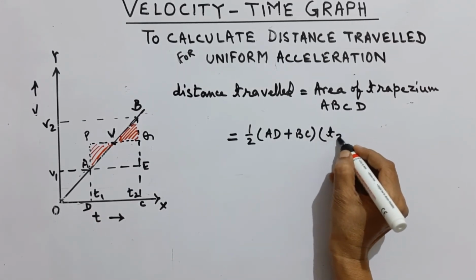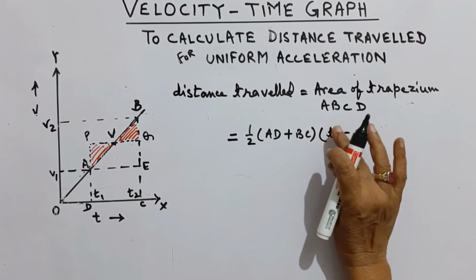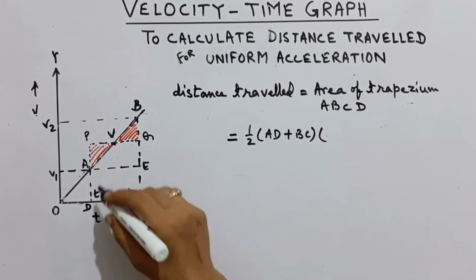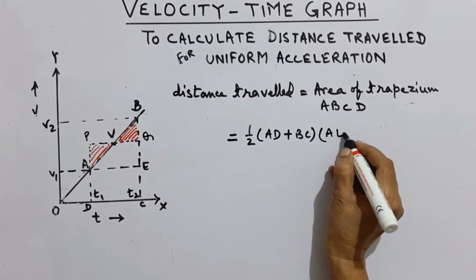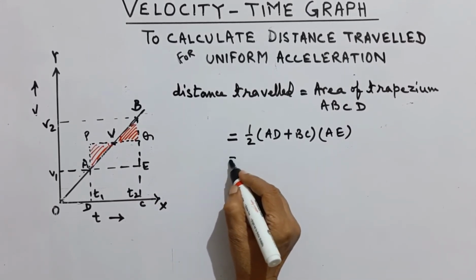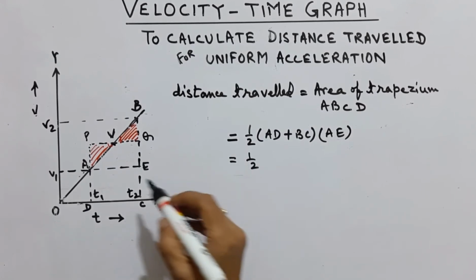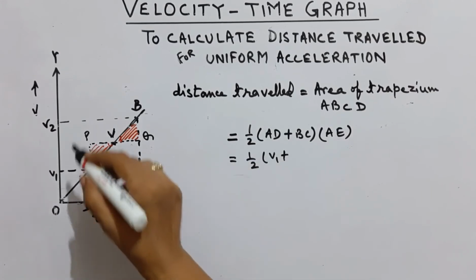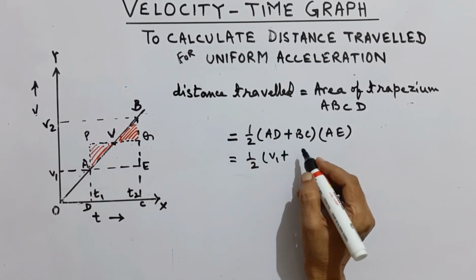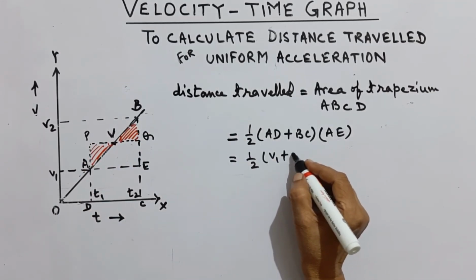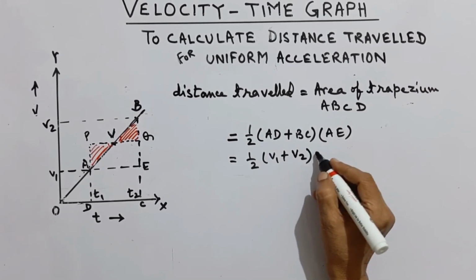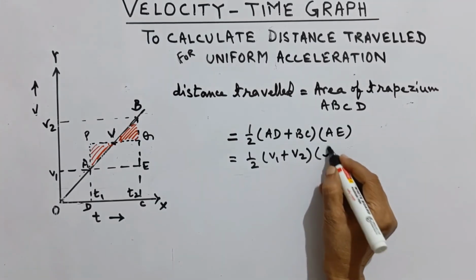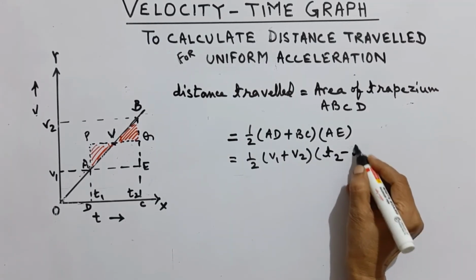This is T2 minus T1, or say this is equal to AE, which can be written as half AD is V1 plus BC is V2 and AE is equal to T2 minus T1.